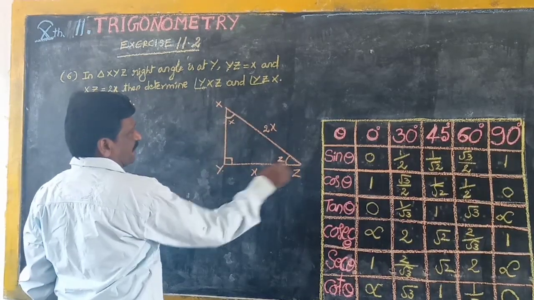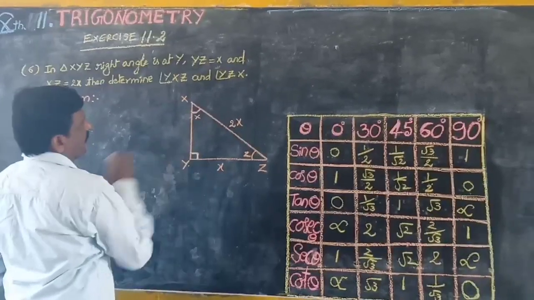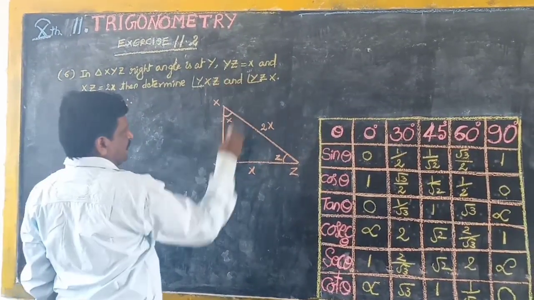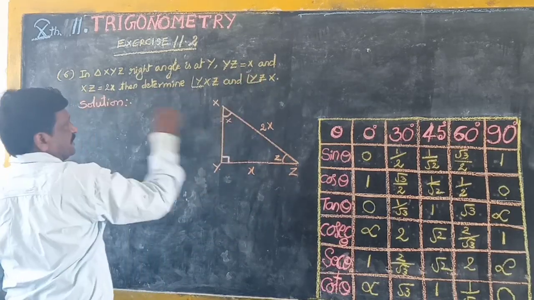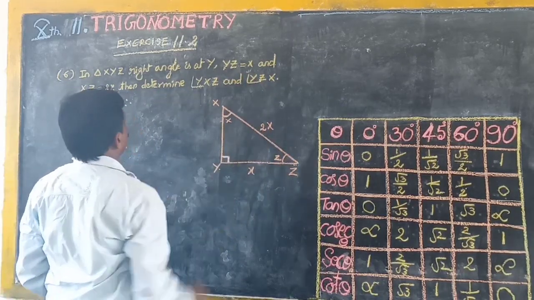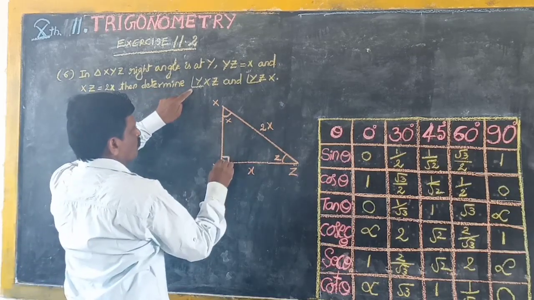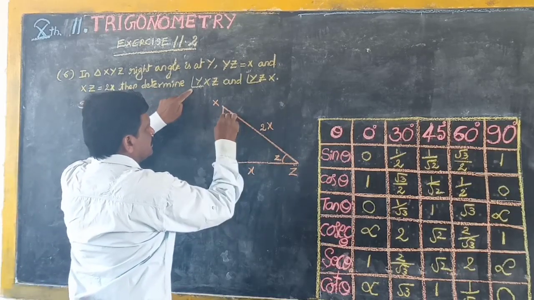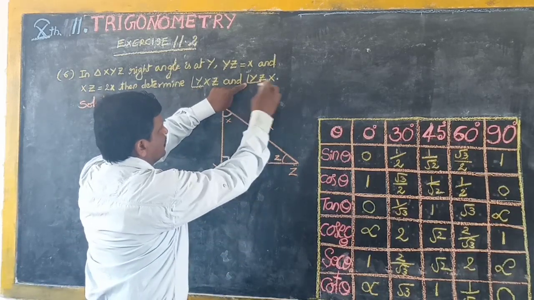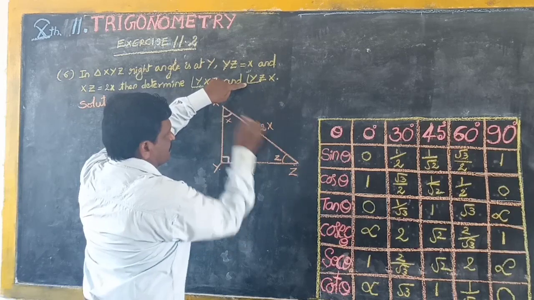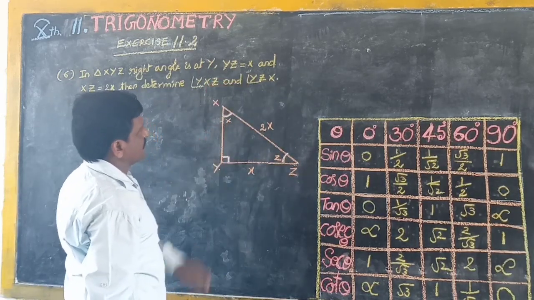This is the right angle triangle, with the right angle at Y. YZ is equal to X and XZ is equal to 2X. We want YXZ, this angle, and YZX, this angle.